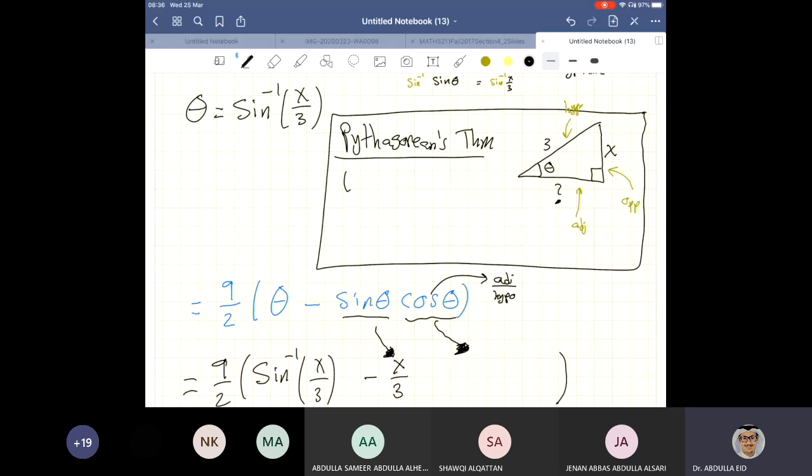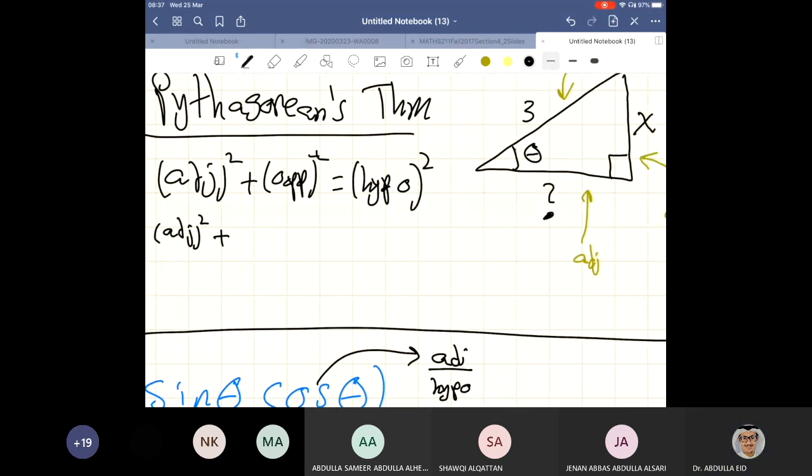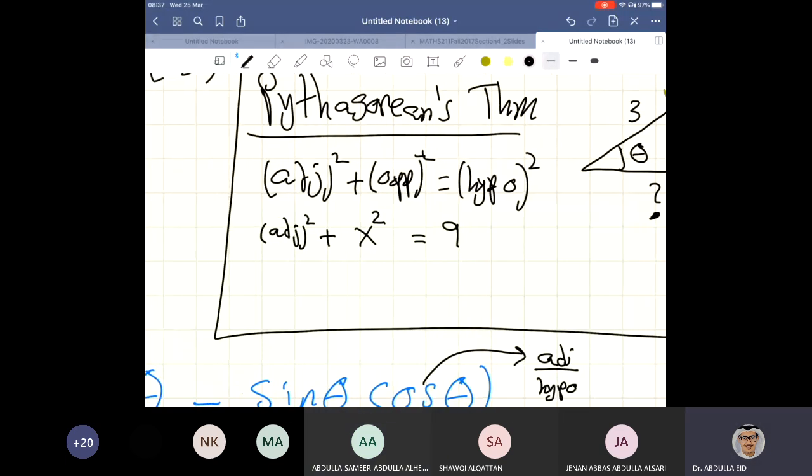Usually in this case, it is the adjacent squared plus the opposite squared equals the hypotenuse squared. Now the adjacent is something I don't know. How much is the opposite? x. So this is x squared. How much is the hypotenuse squared? 9.